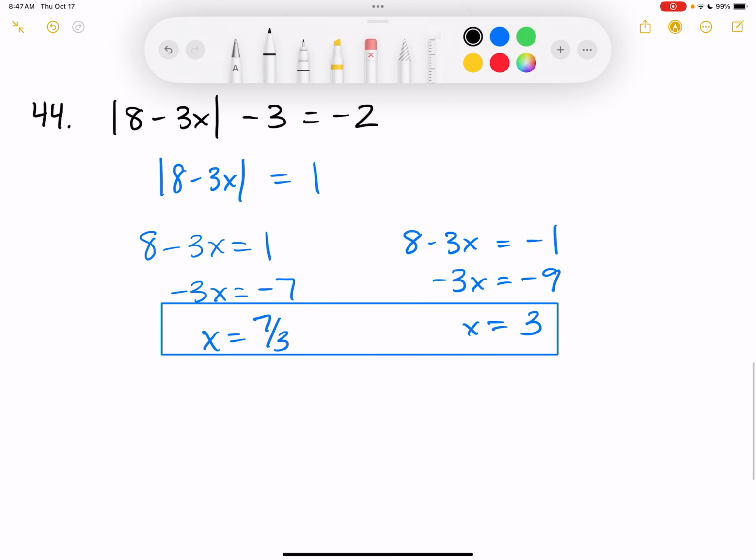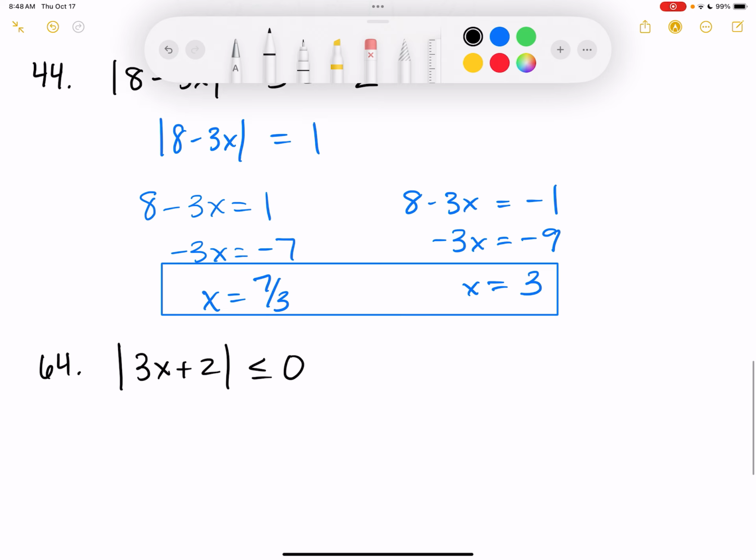One more that's a little different, 64. The absolute value of 3x plus 2 is less than or equal to 0. So when it's less than or equal to 0, what do you think I have to do with this one?